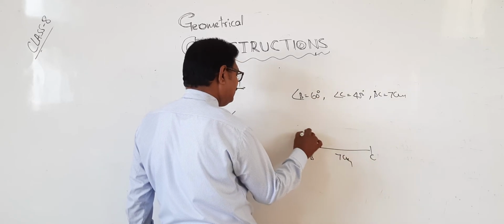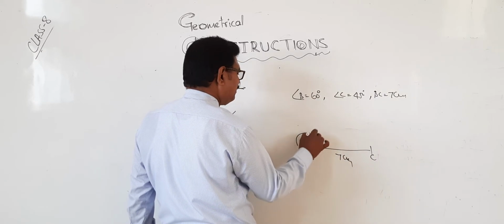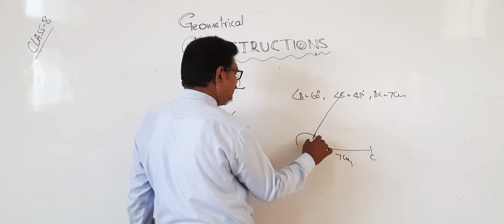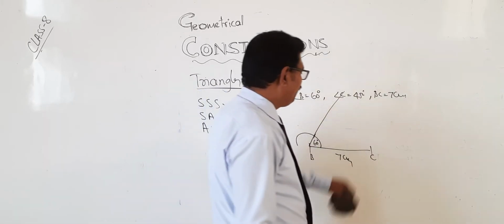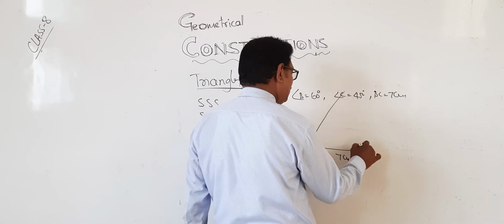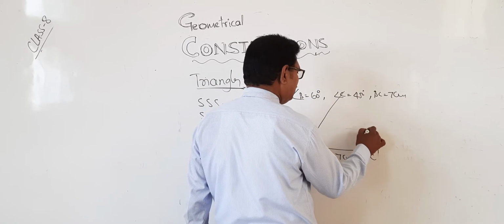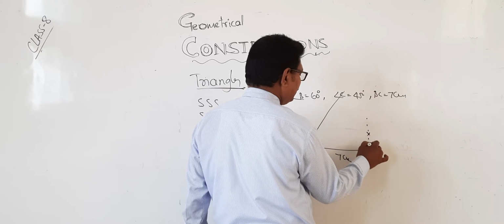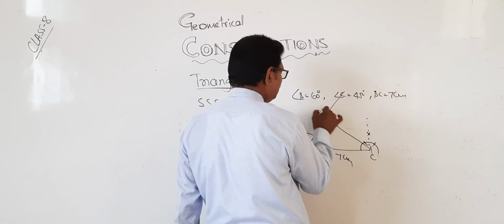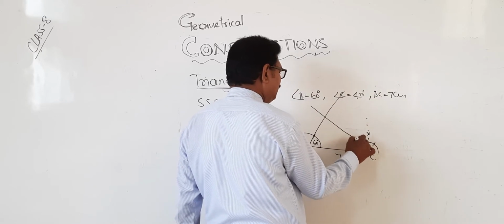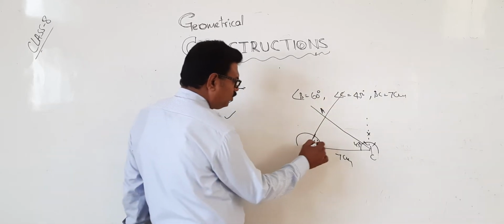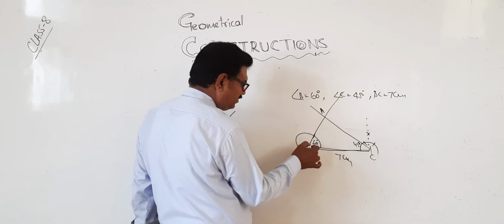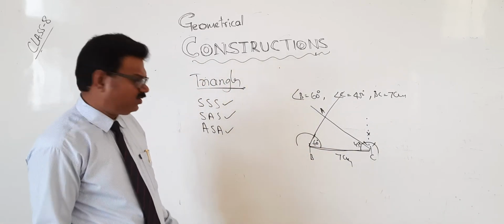Angle B, cut. It is 60 degrees. Next, angle C 45 degrees. Angle C 45 means cut like this. Then it is like this. Now bisect over. This is 45 degrees. Therefore, two angles including the side. This is the construction. Okay?